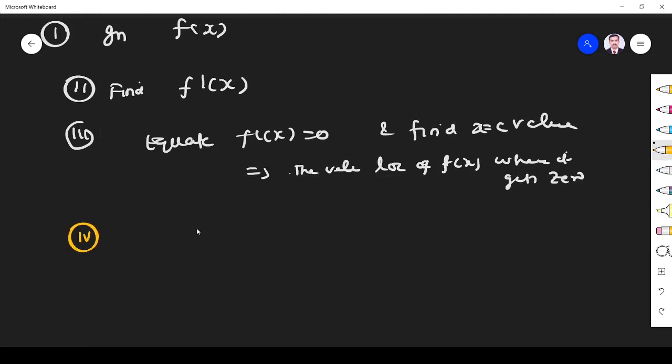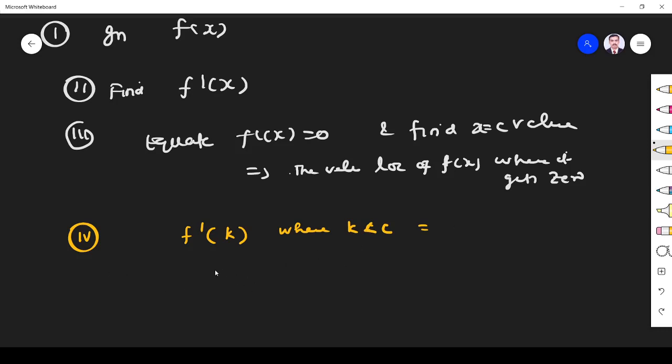So we have to substitute this value, and fourth, you find f dash of something. Let us assume k, where k is less than C, and check whether it is positive or negative.